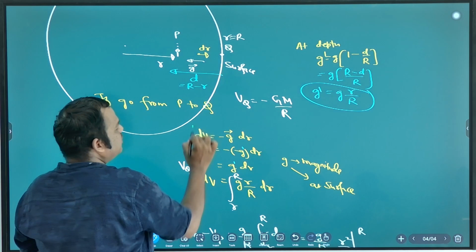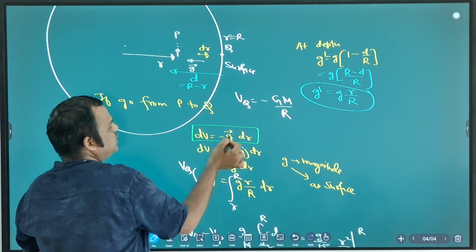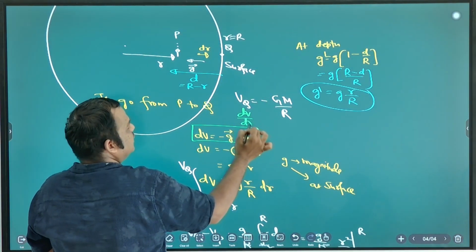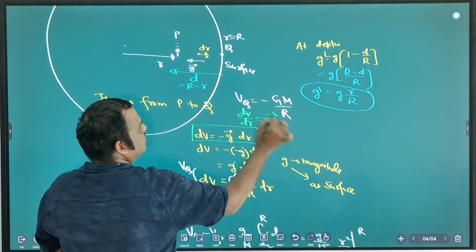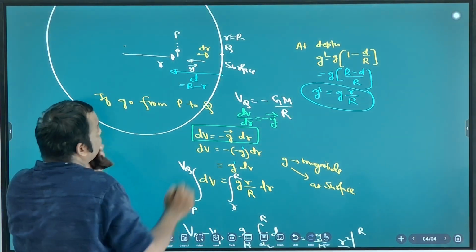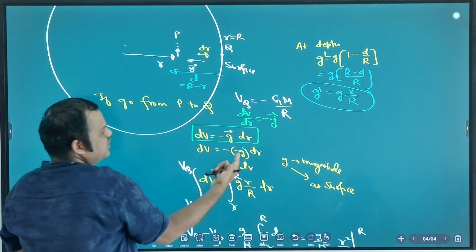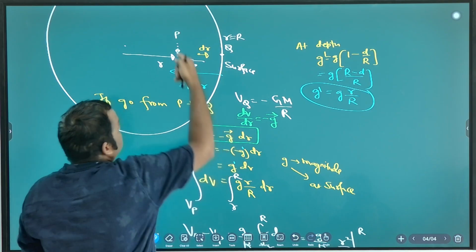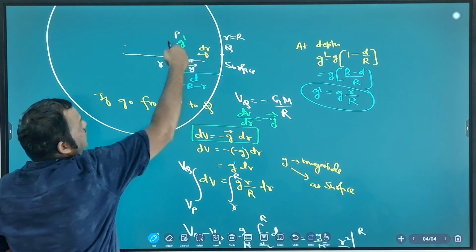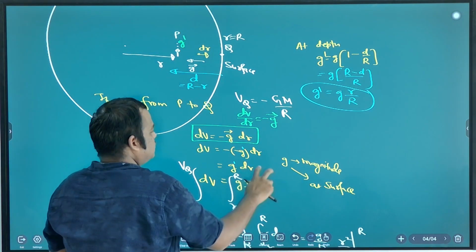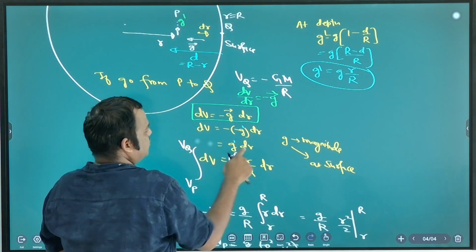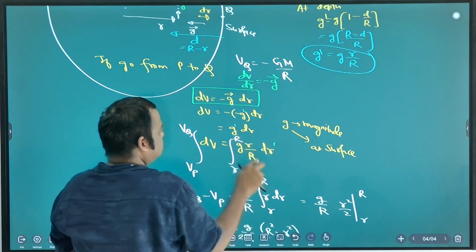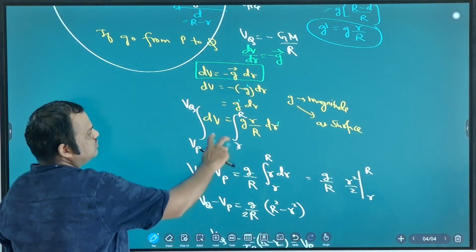The relation between dV, g vector and dr vector is dV by dr is equal to minus g vector. Now g vector is left side, so minus g dash. Here gravity is g dash. So minus minus plus. So dV is equal to g dash dr, and g dash is gr by R.